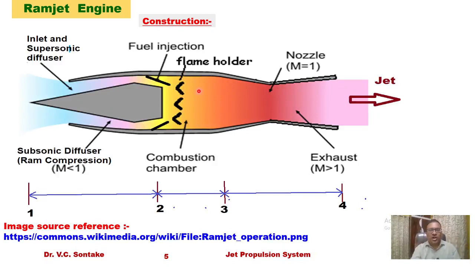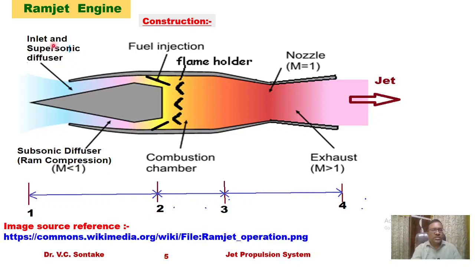It consists of different components. The very first and vital component of the ramjet engine is diffuser. The function of the diffuser is to slow down the atmospheric air, that is to convert its kinetic energy into pressure energy. In case of ramjet engine, diffuser is having two parts, or I can say two zones.